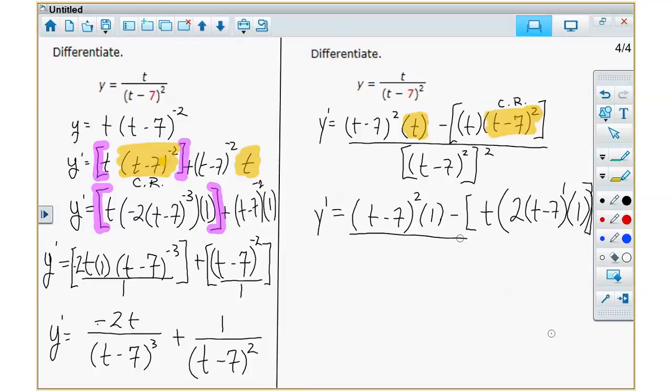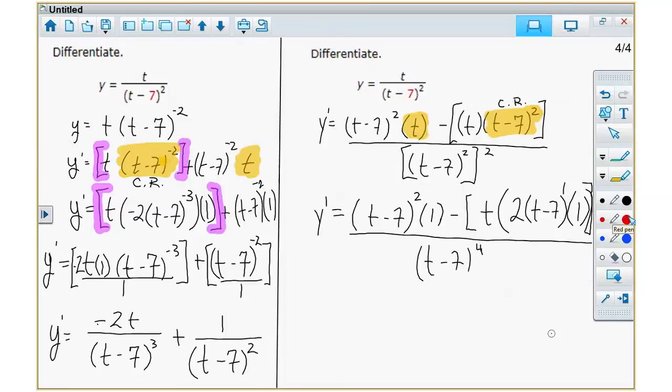Over t minus 7 to the what power? Fourth. 2 times 2 is 4, not 3. Unless my writing might look like a 1 or a 2, but I don't know.